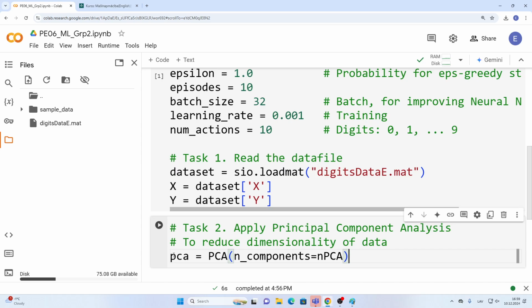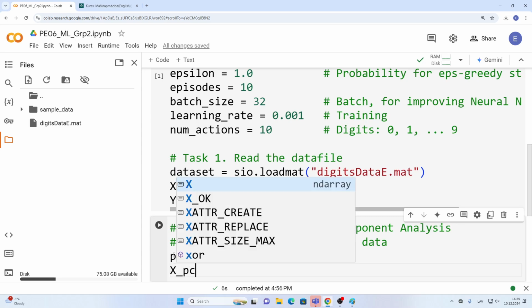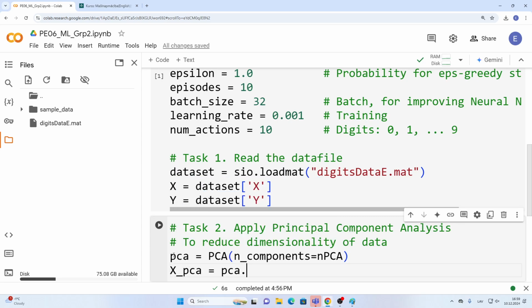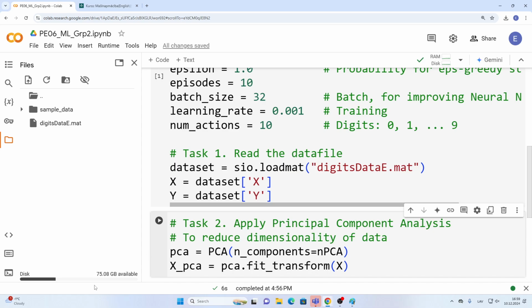Now, just like for any other unsupervised algorithm, we are going to fit transform data to it and get results. So for xPCA, we are going to fit transform our data x. Since this is an unsupervised algorithm, you do not specify y, you only specify inputs x. We may not even know the outputs.